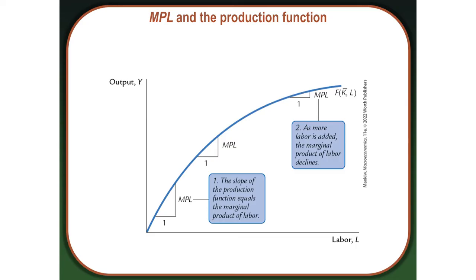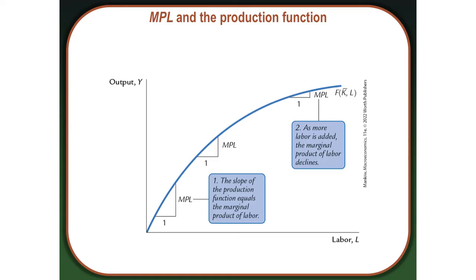So this is typical of most inputs. So as we add more and more of the input while holding all other inputs constant, we get diminishing returns to that input. Eventually, we can add 10,000 workers, and the 10,001st worker isn't going to actually contribute much additional output.